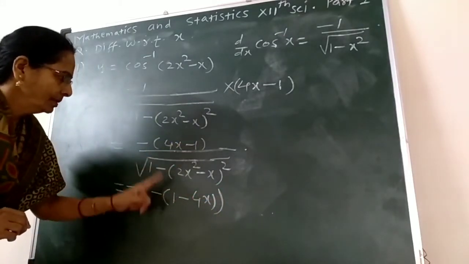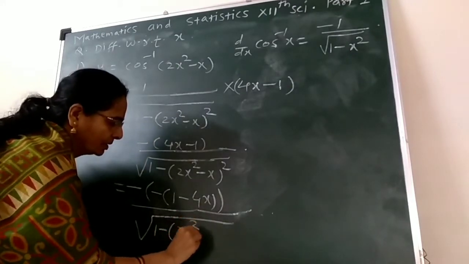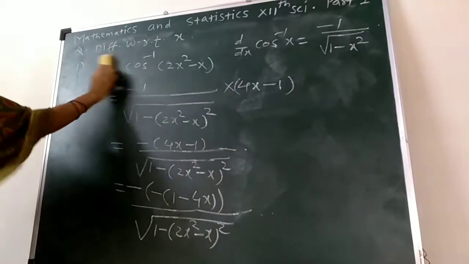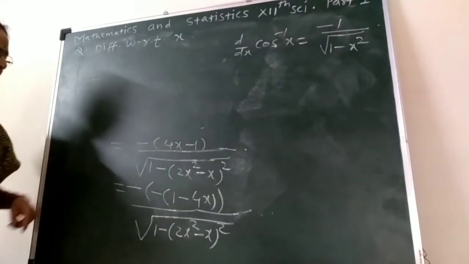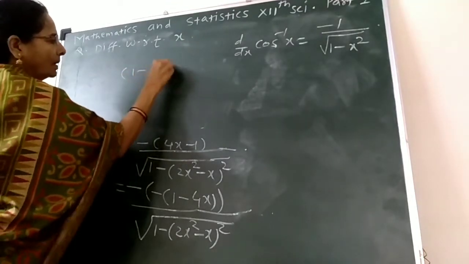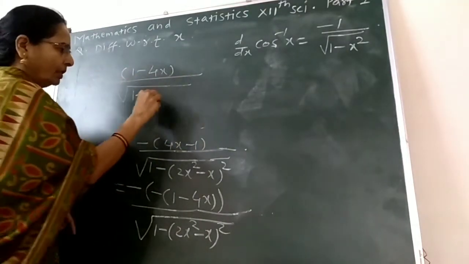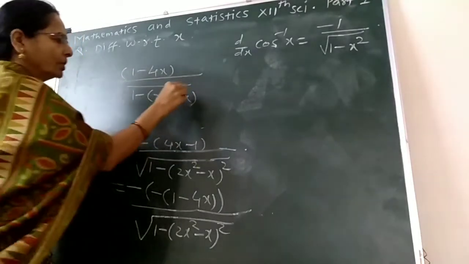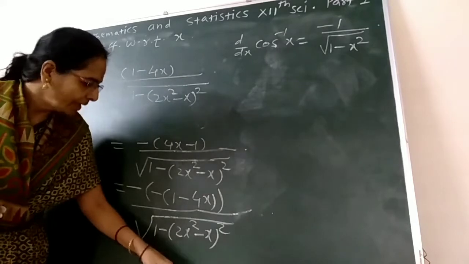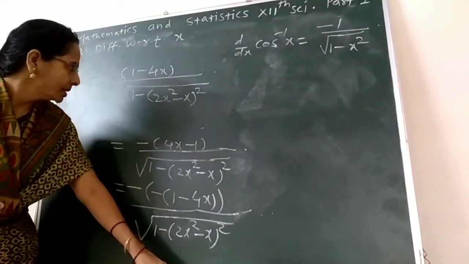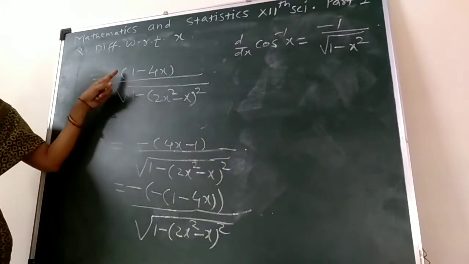Upon root 1 minus (2x square minus x) bracket square, is equal to minus minus becomes plus, 1 minus 4x upon root 1 minus (2x square minus x) bracket raised to 2. This is the final answer.